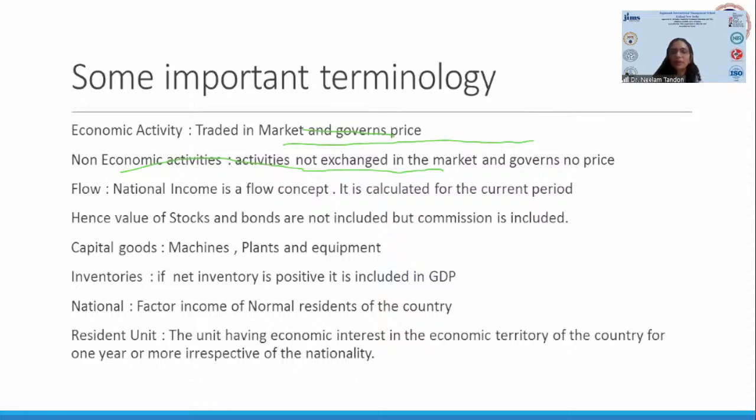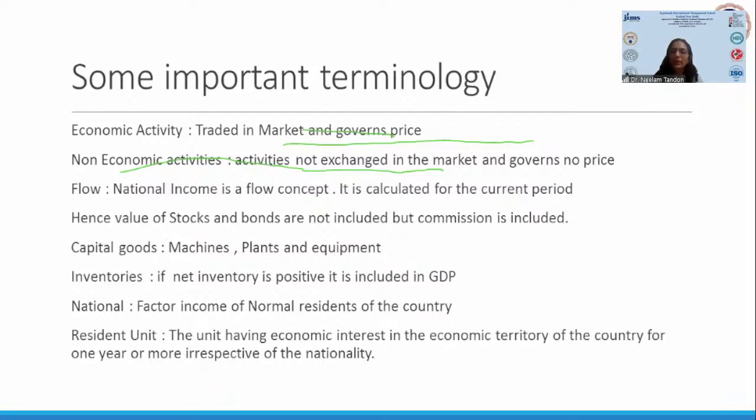That is economic activity, where it generates some income and is traded with a price in the market. Non-economic activities are not exchanged in the market and govern no price. They are activities like pursuing some hobby, which do not have any price as such.